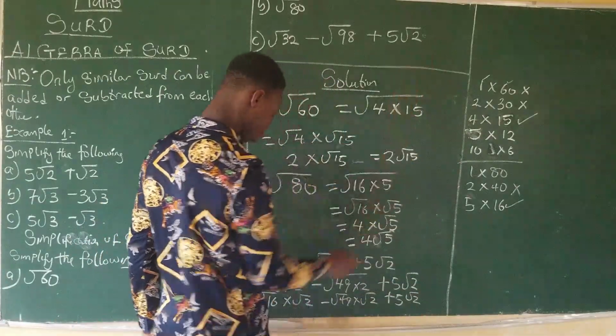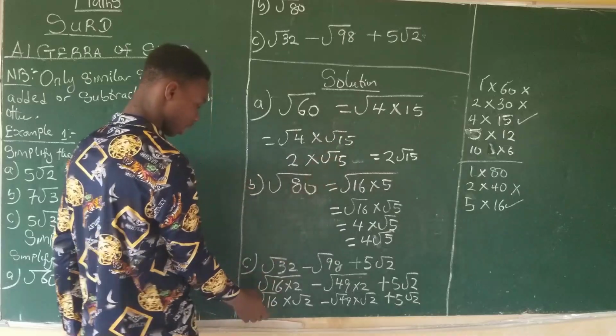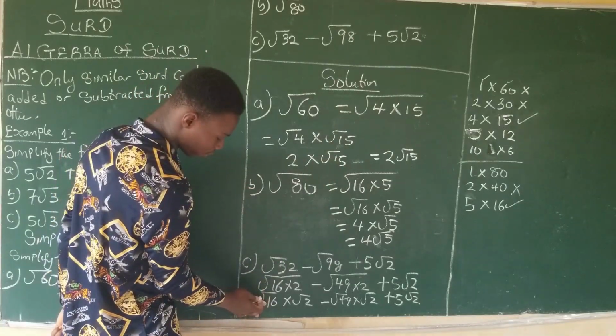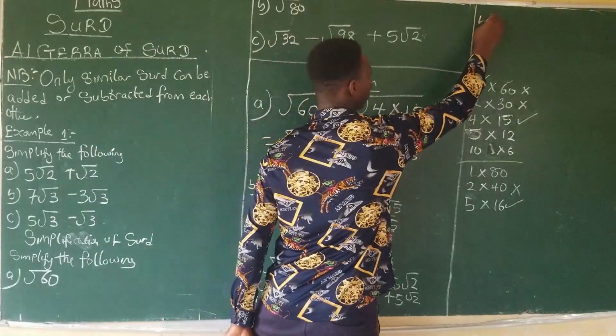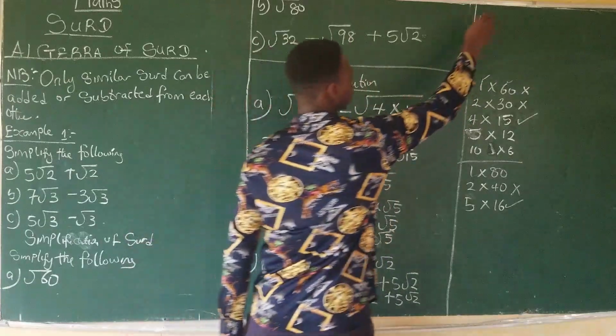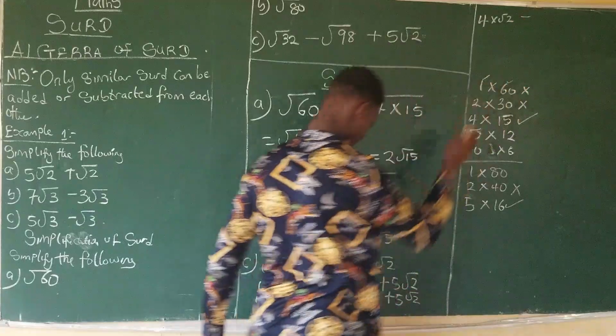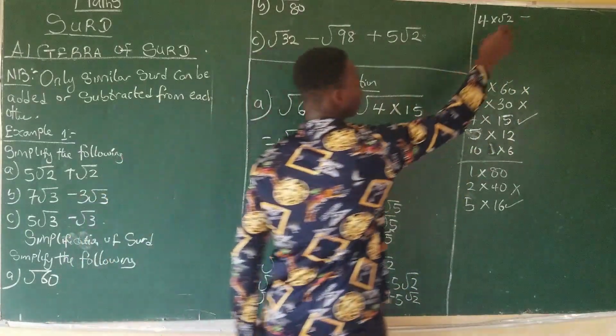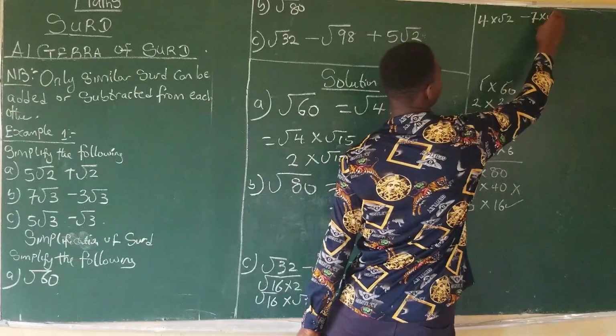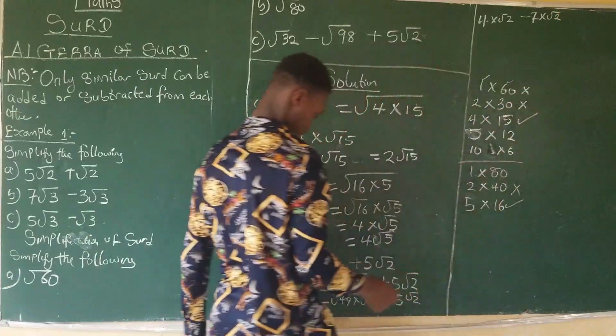Okay, let me borrow a little space. Let me make use of the other side of it. Square root of 16 is 4 times root 2 minus square root of 49 is 7 times root 2.